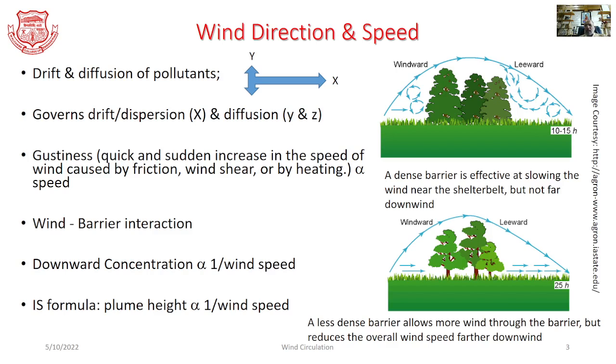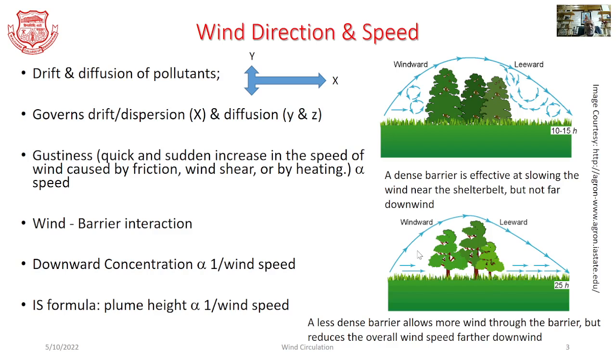Whereas a less dense barrier, as shown in this sketch, will allow more passage of the wind through it. It will cause a reduction in the overall wind speed further downwind even compared to the first example, as it is 25 times the height.